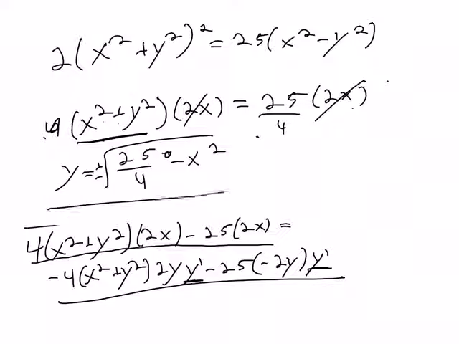And this is just a whole list of points. Any point on here, if everything that I did was correct, would satisfy that their tangent is horizontal to the original curve.